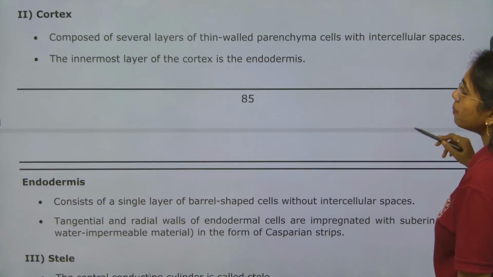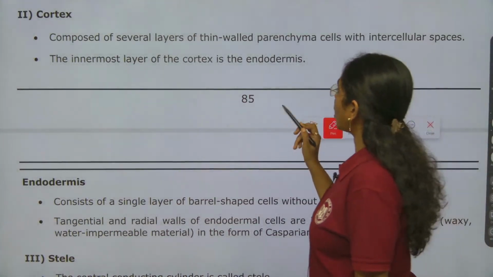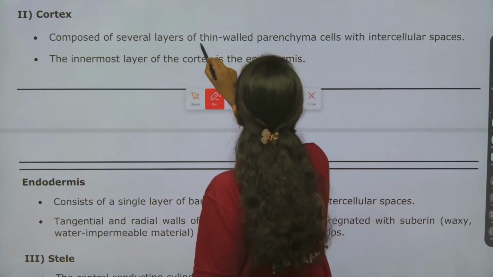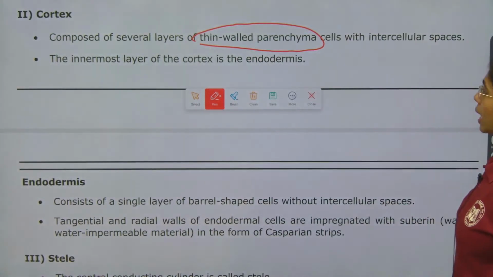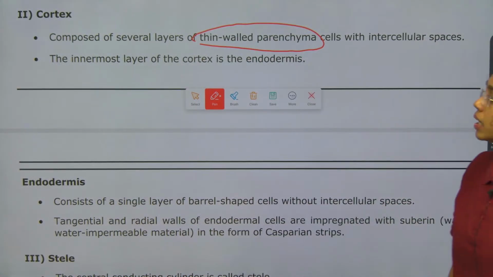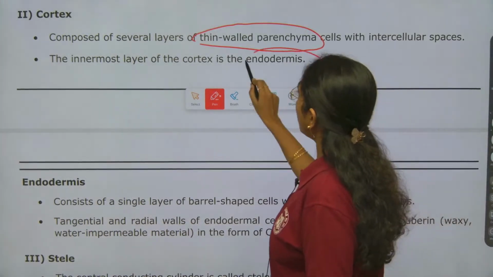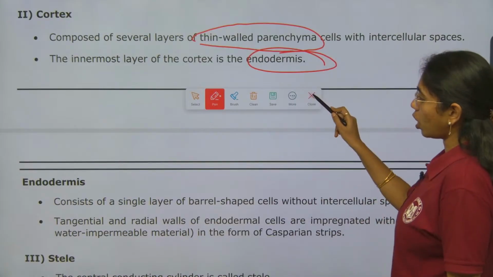Next you see cortex. It is composed of several layers, and cortex is completely composed of what type of tissues? Cortex is composed of thin walled parenchymatous cells. Remember that it is composed of thin walled parenchymatous cells, and the innermost layer of the cortex is what? Endodermis. Endodermis is the innermost layer of the cortex region.